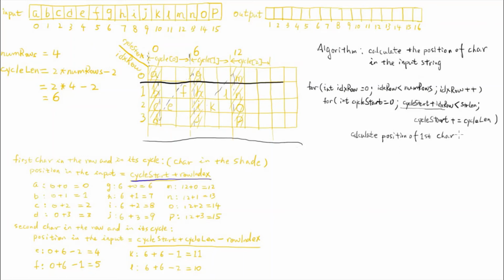So we call it P1. And the formula for the position of the first character is the cycle start plus row index. So here we have position 1 equal to cycle start plus the row index.